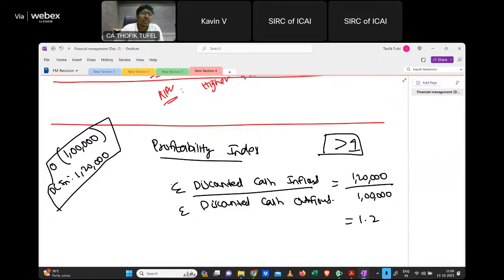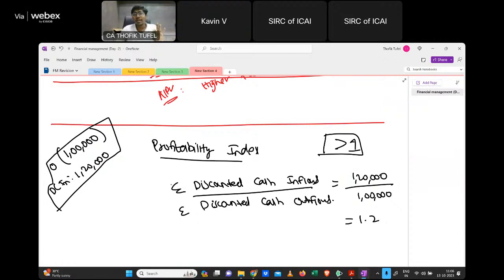Because just for an example, imagine if it is 80,000 rupees, this will become less than 1 and your NPV will become negative. NPV and profitability index always go in the same direction because we are using the same numbers. One is in absolute value and the other is in ratios. This is the only difference. Nothing new is there.